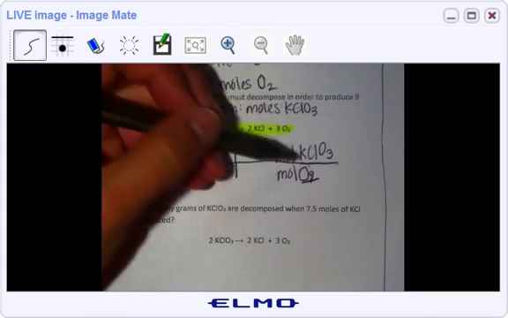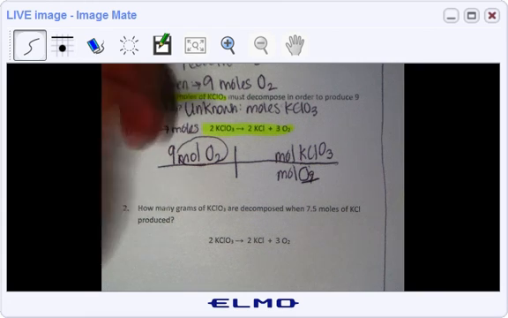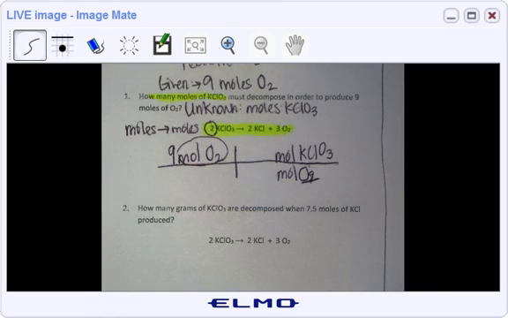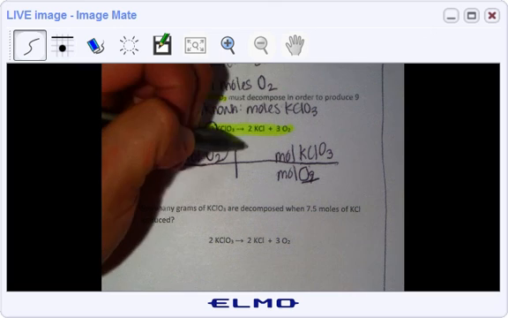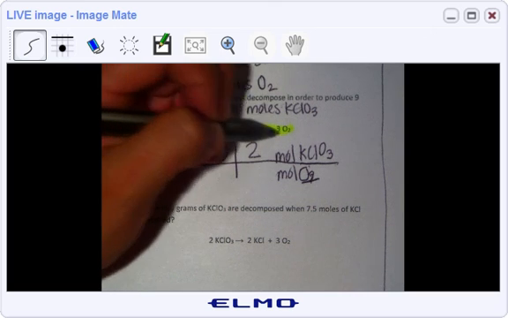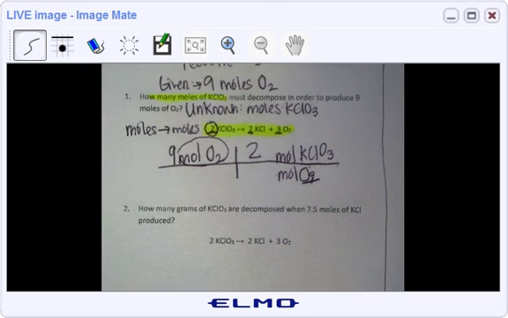So what's the coefficient for KClO3? The coefficients are the big numbers. So it's 2. What's the coefficient for O2? Yep.